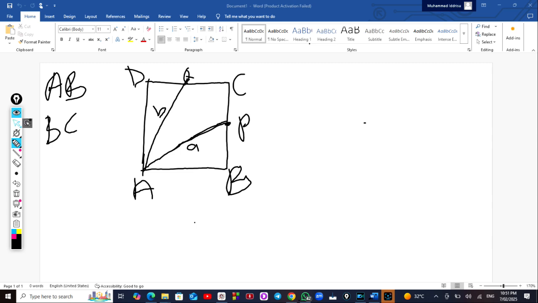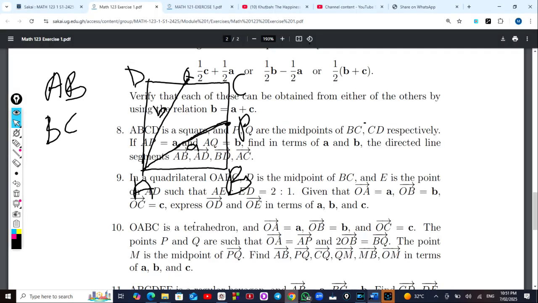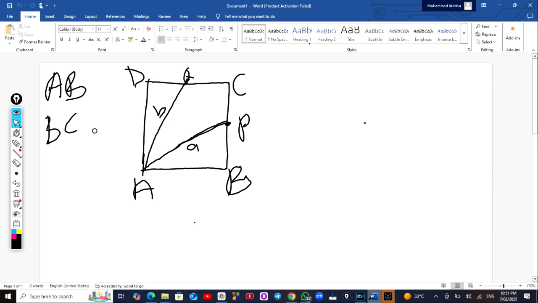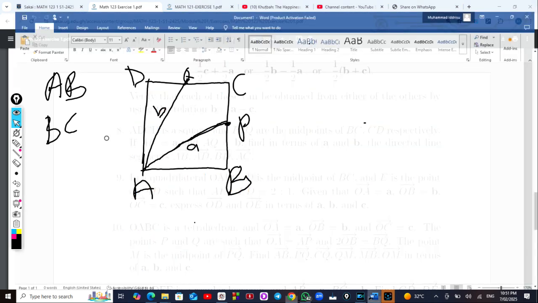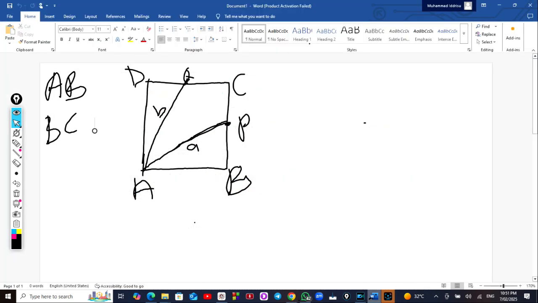Let me check. AB, AD. BC is not there. Okay, let's just continue.